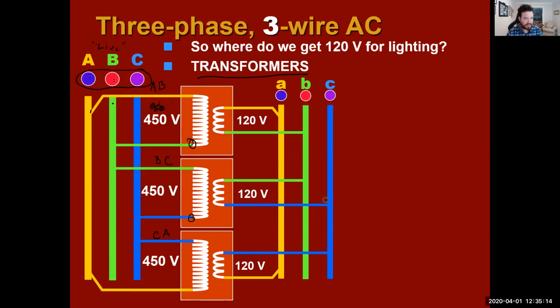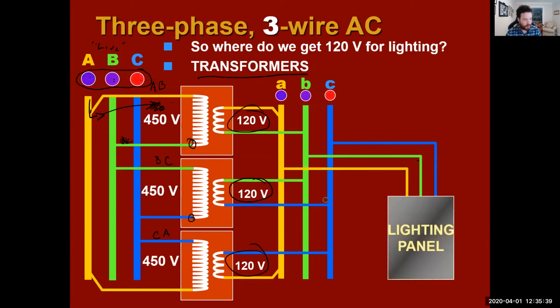Because it's AC voltage, we have a potential on A and a 0 volt situation here. So you have travel. All right. And that's how we're getting 120 volts coming out of this side.